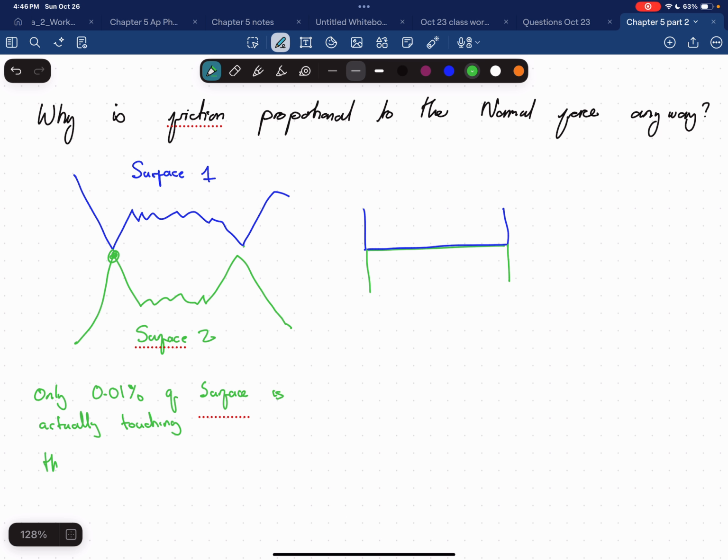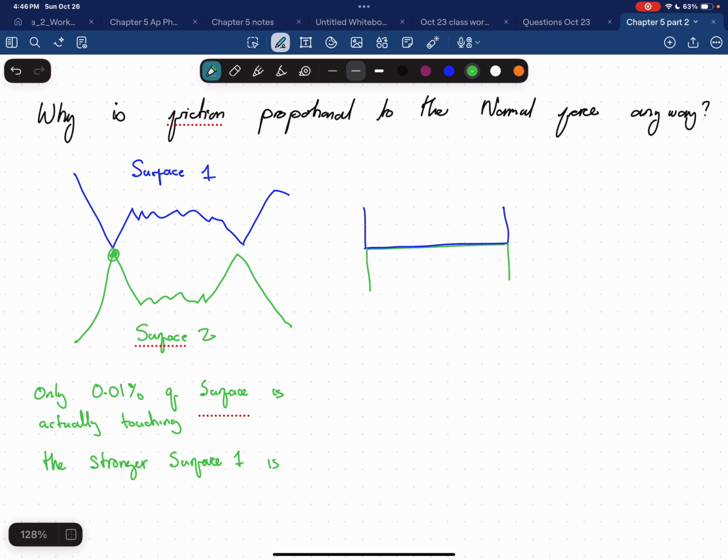The stronger surface 1 is compressed on surface 2, the more friction we have.